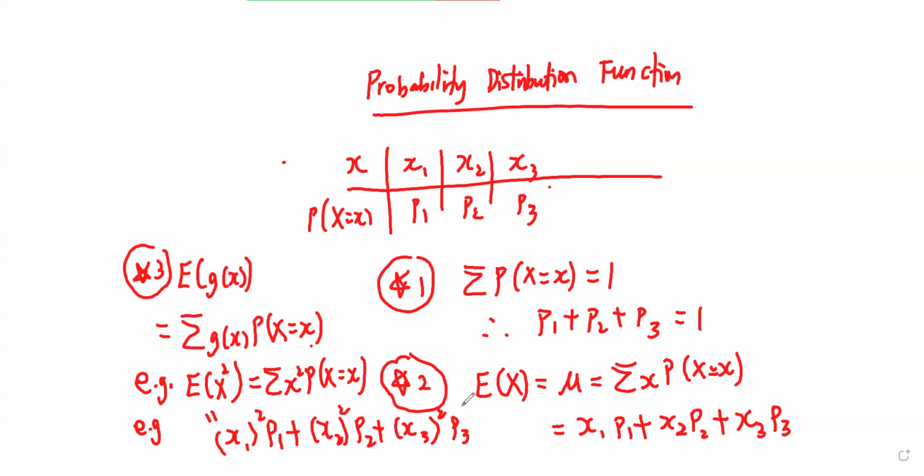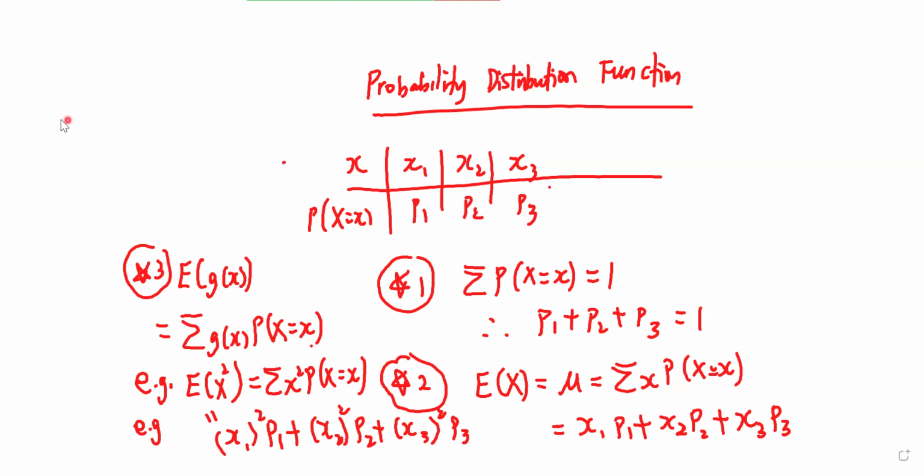So right over here, we learn the probability distribution function. We can obtain the table, which is for the ease of retrieving all the probabilities corresponding to the x values. Number one, the summation of the probability must be 1. Number two, the expectation of x, the mu, must be equal to x multiplied by the probability. Concept 3, the expectation of a function will be the summation of the function multiplied by its probability.